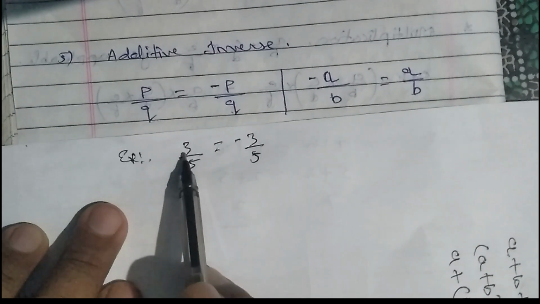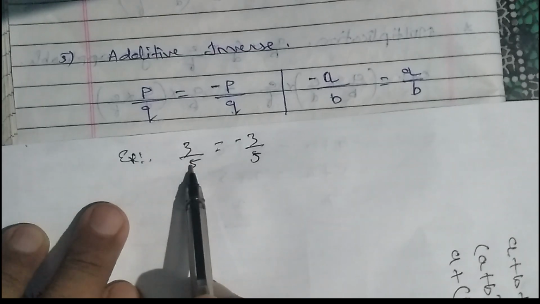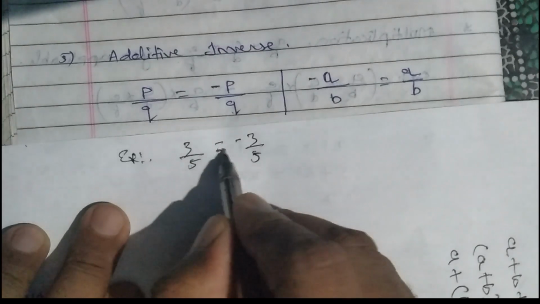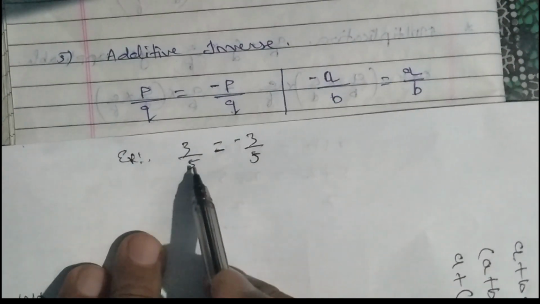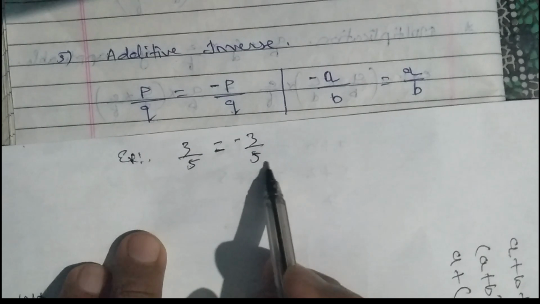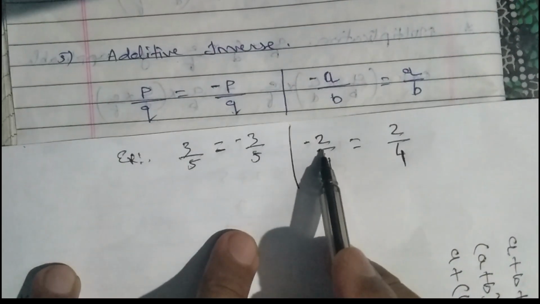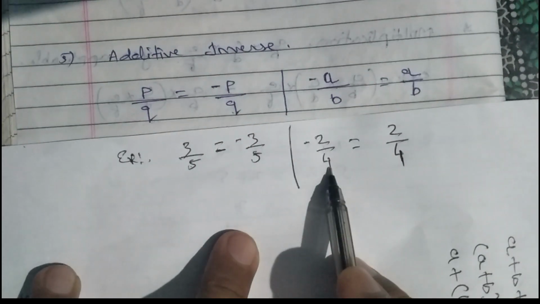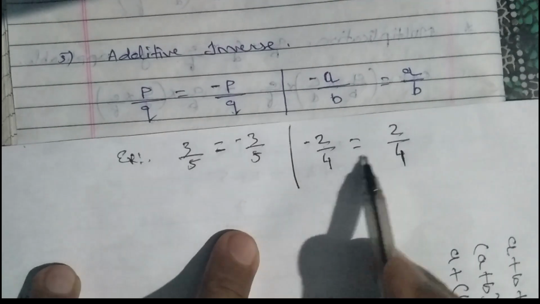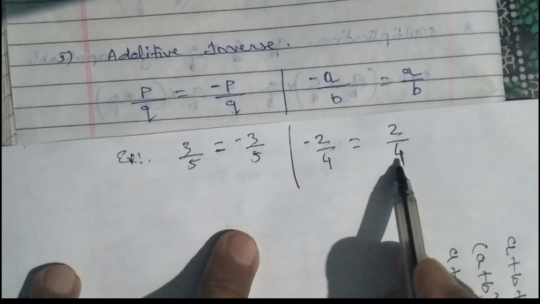If I have 3 upon 5 as a rational number, the additive inverse of 3 upon 5 is equal to minus 3 upon 5. In the same way, minus 2 upon 4 is a rational number. What will be the additive inverse of this number? It is equal to 2 upon 4.